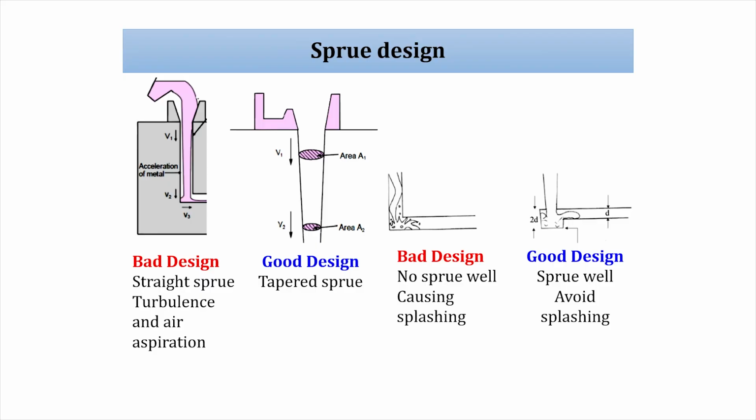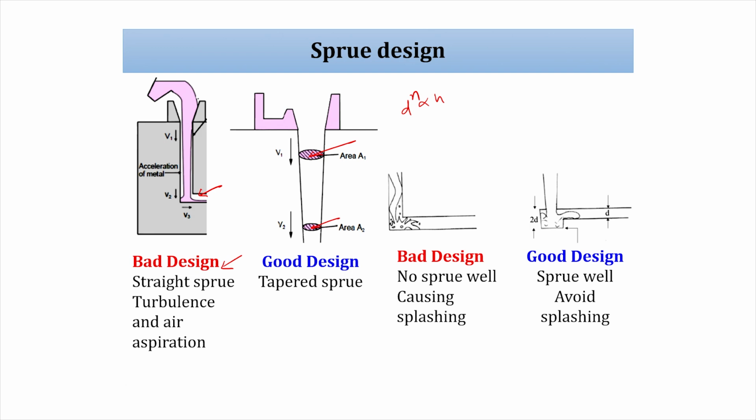So, first you have to make a sprue design. This we have already done. If you are using a straight sprue, what happens? That is known as a bad design, because there is air aspiration. What can we do? Cross section area should decrease along the depth, because we have obtained the relation between D and H, related to power 4, something like this, isn't it?